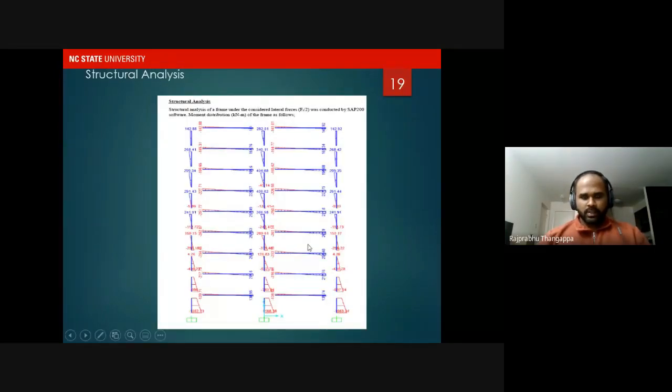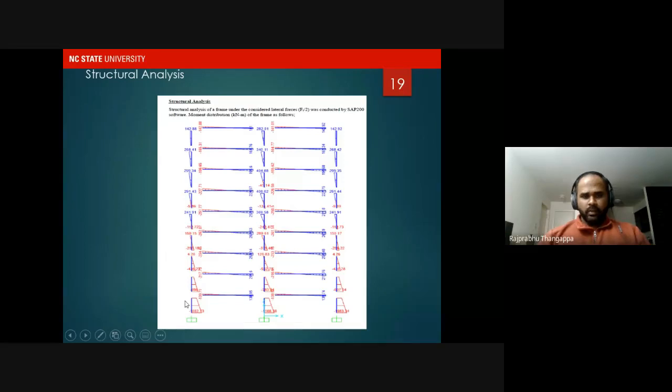So this would result in this particular pattern of bending moments and shear forces, and this is typical of any lateral load analysis where the column moments keep on reducing as you go from the base to the top, and similarly there would be beam bending moments because of the lateral sway of the system.